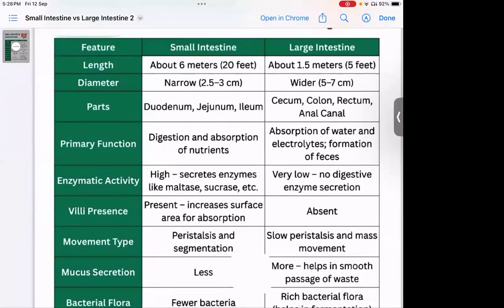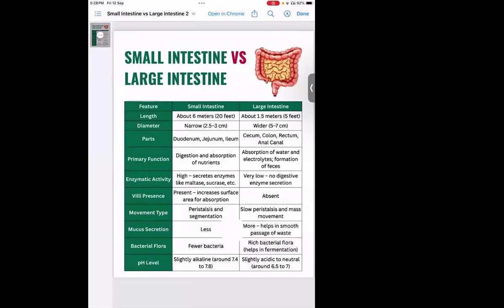You can write these differences. Rishika, have you understood? Yes, ma'am.